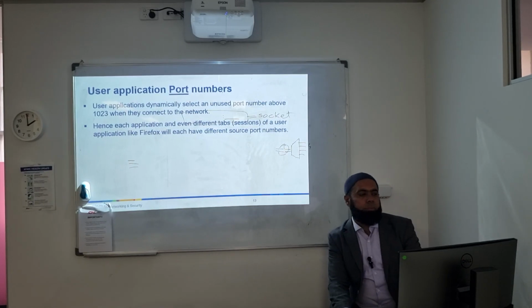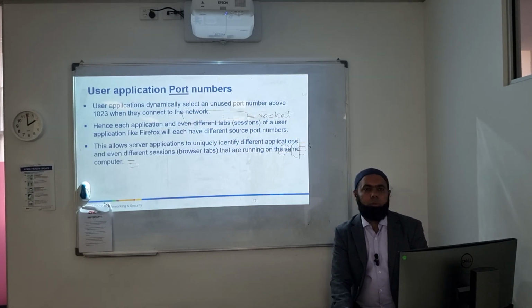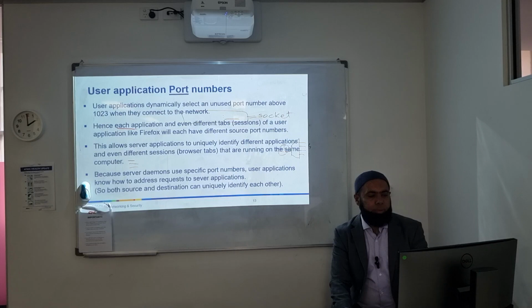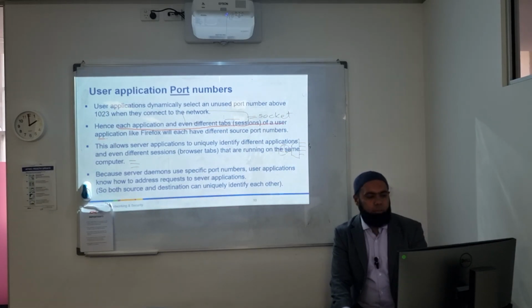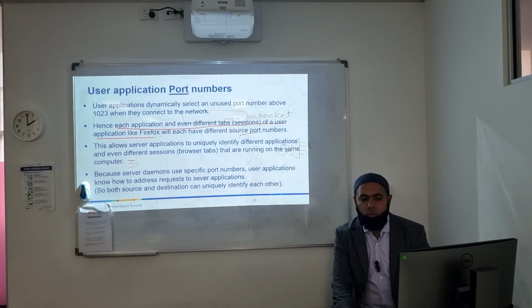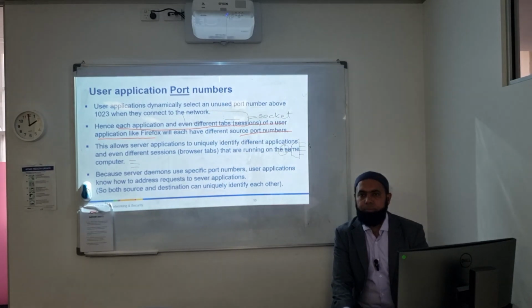Then there are user application port numbers, which are above 1023. Each application and each different tab session of a user, like Firefox, has a different source port number. It's not possible for them to have the same port number.